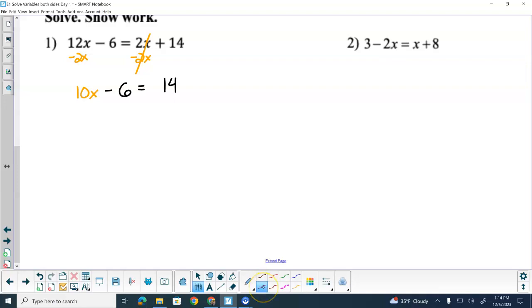What am I going to do with that one? Add 6 to both sides? Yeah, because we're subtracting 6, so we're going to add 6 to both sides. And that's going to go away. And then I'm going to have 10x equals 20.